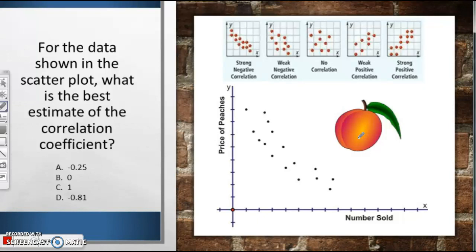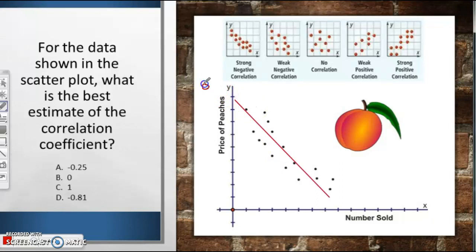For the data shown in this scatter plot, what is the best estimate of the correlation coefficient? What I like to do is draw a line, just estimate a line of best fit. It's not going to be perfect, but it's probably going to be in that area somewhere. When I look at it, I am seeing a negative relationship.